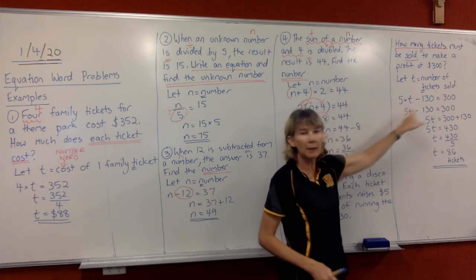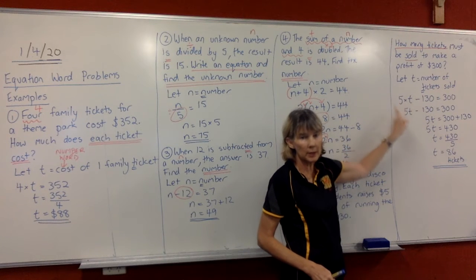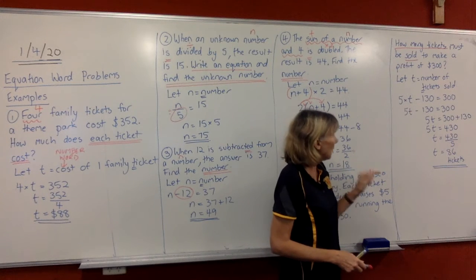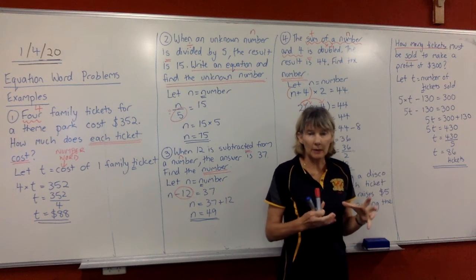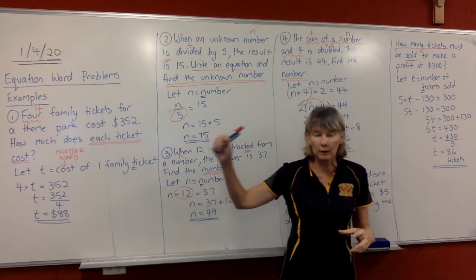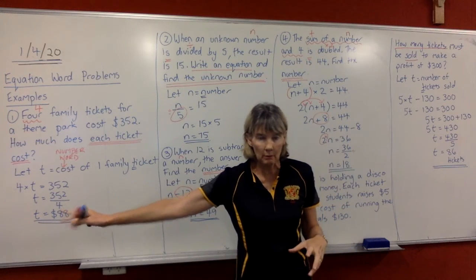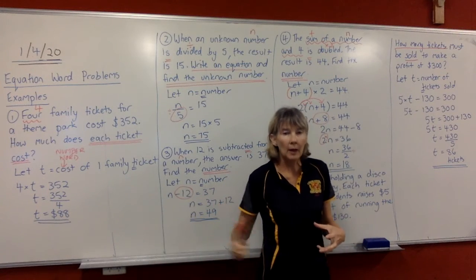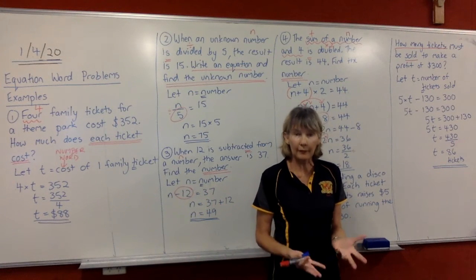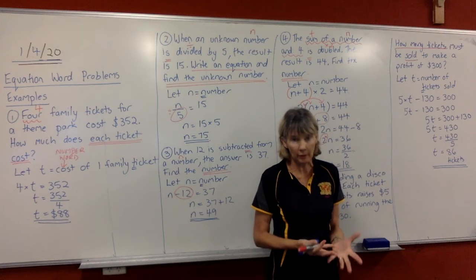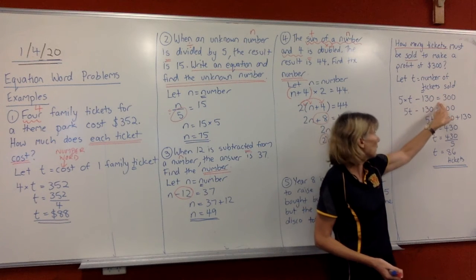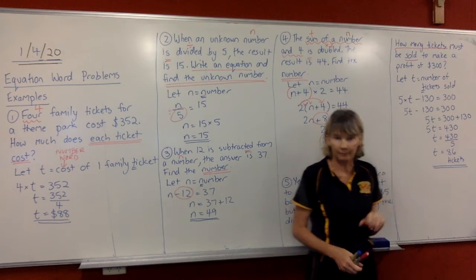So we've got all this money raised by selling those T tickets, 5 times T. But out of that money, we have to take $130 to pay for the costs. So we're going to take off $130 out of that money. Once we've done that, we want to be left with $300 profit. So after we take the $130 off, we want to be equaling $300.